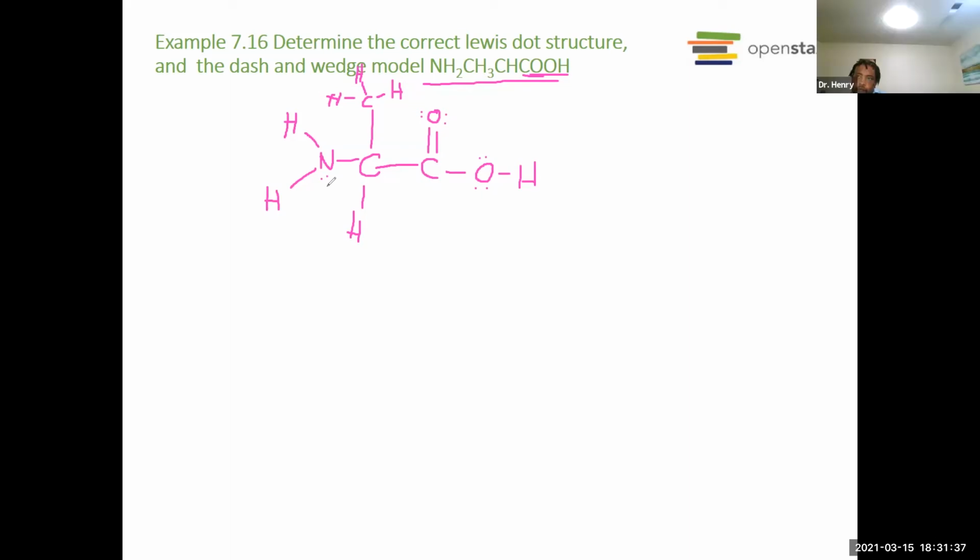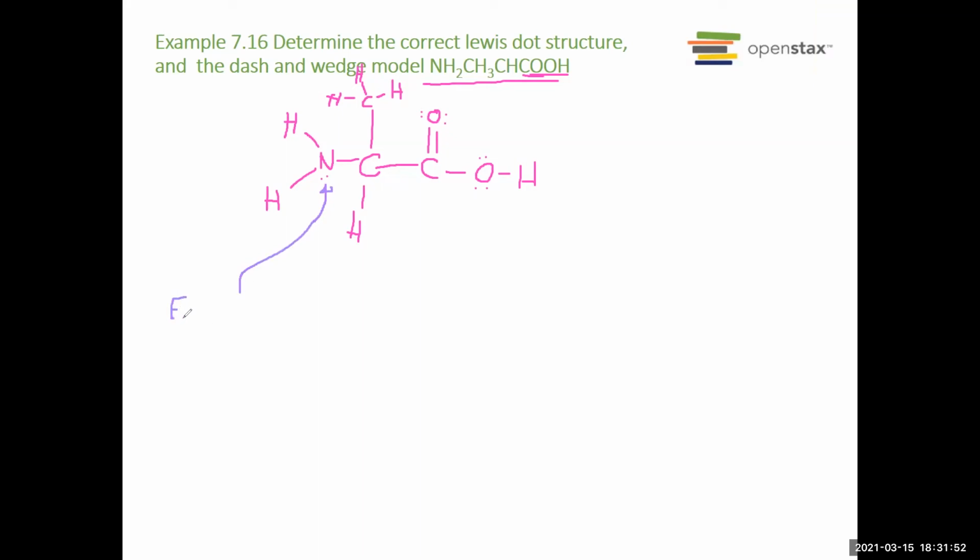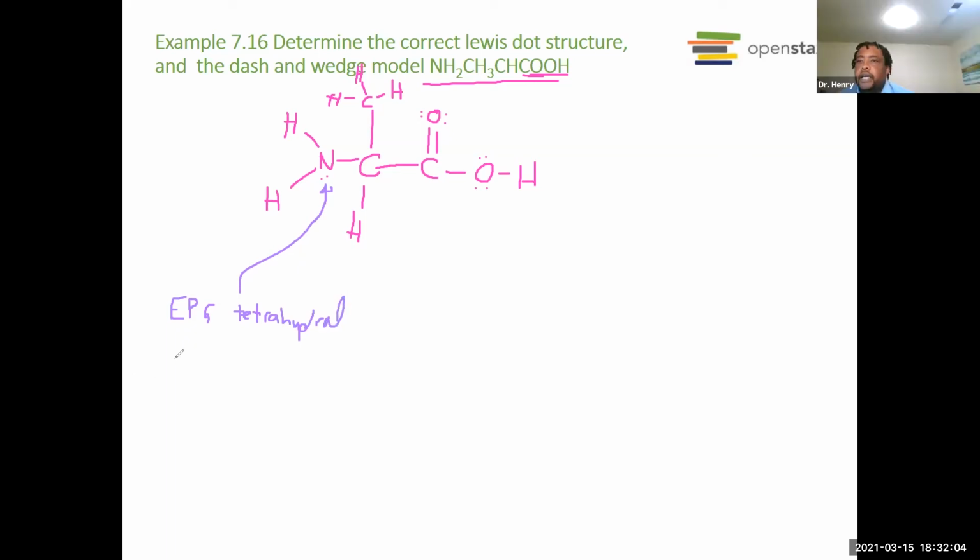Okay. So in this case, what would be the electron pair geometry for this center atom? It's a nitrogen. Tetrahedral. What about the molecular geometry?